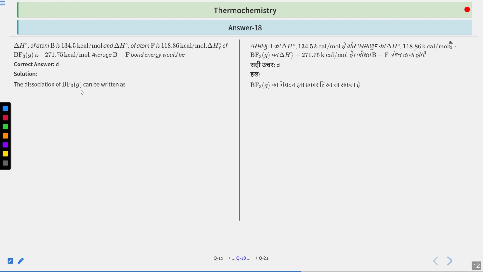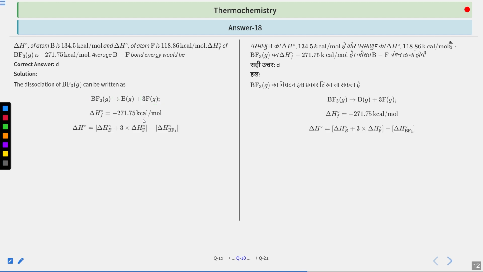So the dissociation of BF3 can be written in this way. BF3 gaseous is getting dissociated into B gaseous and 3F gaseous. And that thing is given. Delta H naught formation is already given, which is 271.75 kilocalorie per mole. So how will we do it?